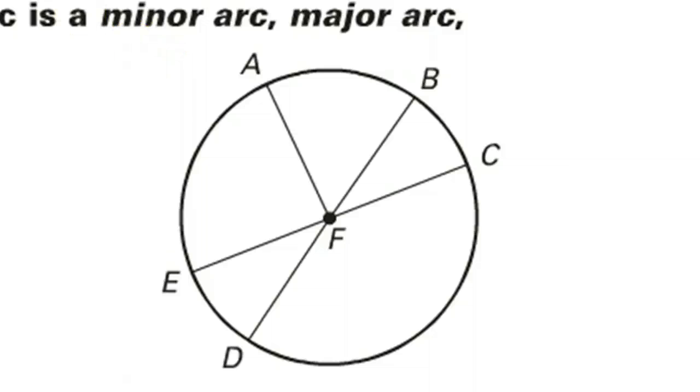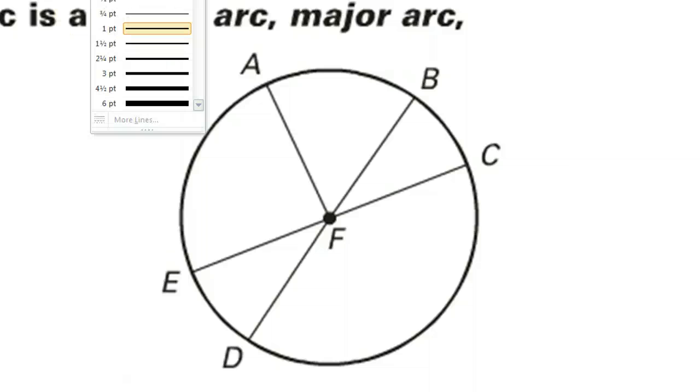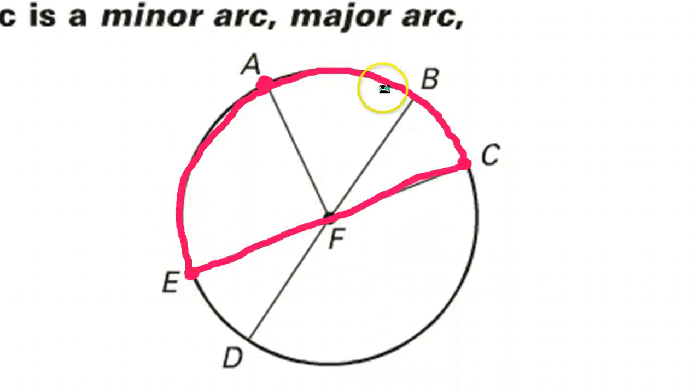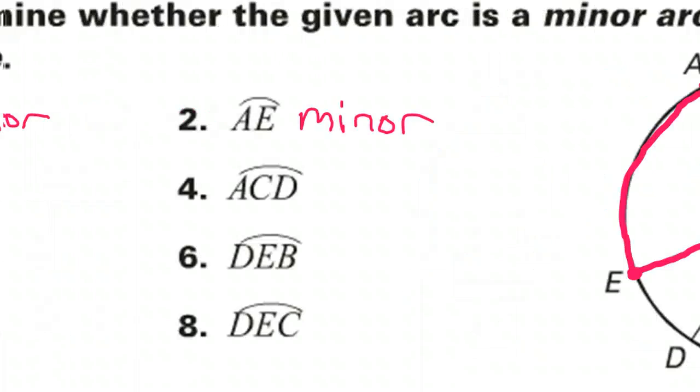So when we say EAC, what we mean is starting at E, going through A, and arriving at C, staying on the circle the entire time. So E, A, C, like that. So what do you call that? That is a semicircle, because this is a diameter. So that makes this a semicircle.